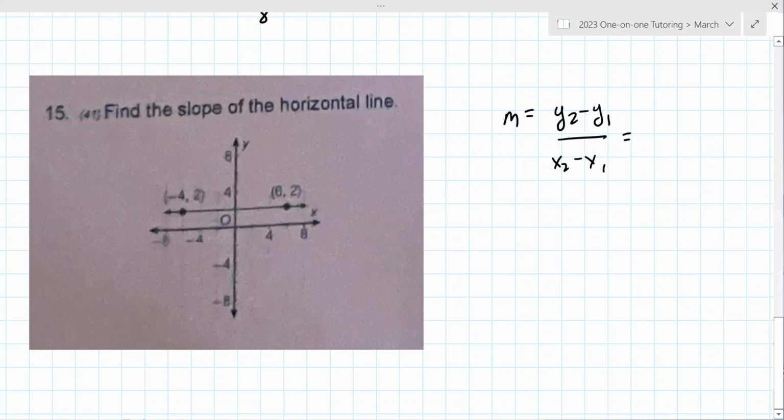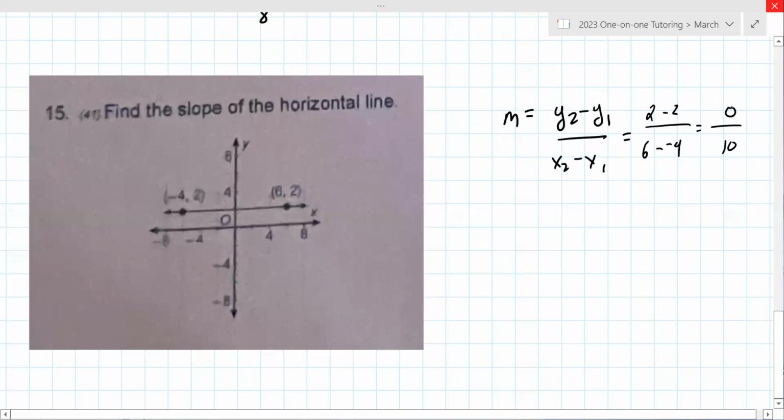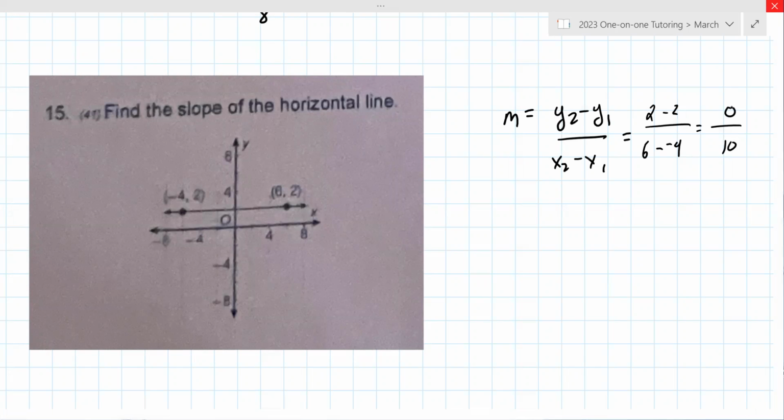So 2 minus 2 over -4 minus 6. So basically we would get, well, the fraction is like 0/10.